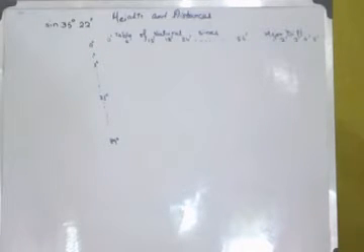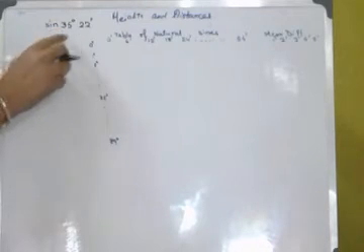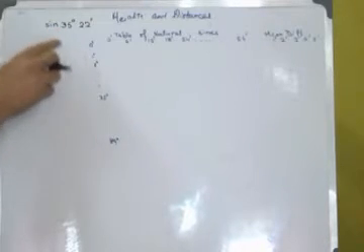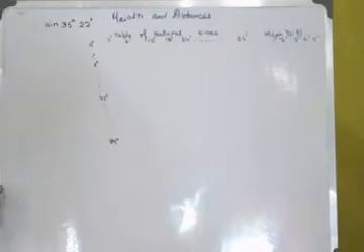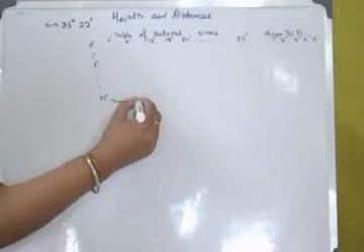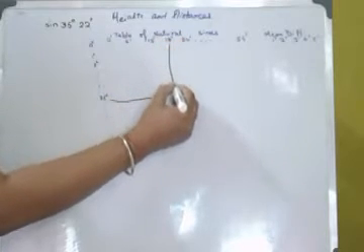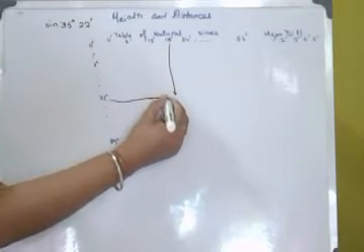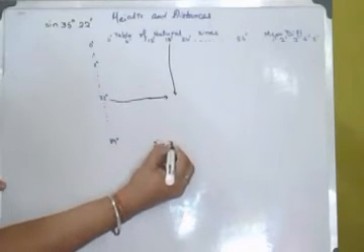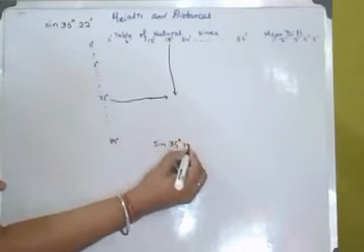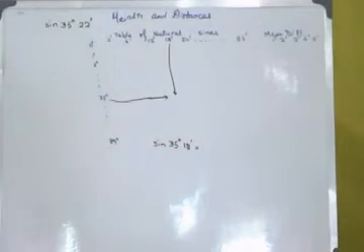Now here sin 35 degree 18 minutes is given, not 22 minutes. So from the table you first write sin 35 degree 18 minutes value.